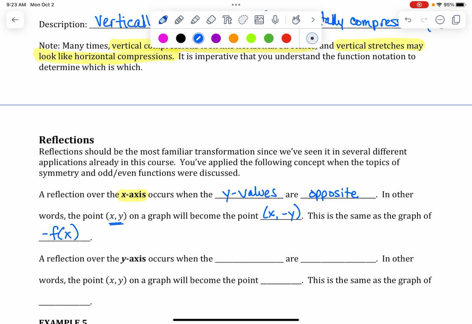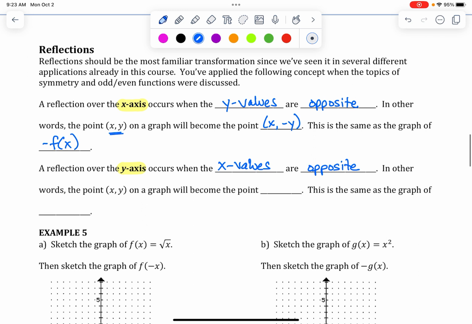And if you're reflecting it over the y-axis, that means all of the x values are opposite. Okay? And so then if you have some random point (x, y) on a graph, it becomes (-x, y), right? This is the same graph as f of negative x.